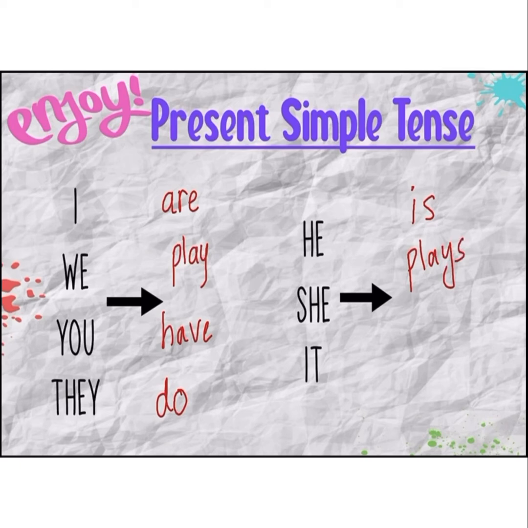For verb to have, it should be has with an s also, and for verb to do, it should be does. As you can see here, with all these verbs we have to add s. Remember this because it will make it easier for you later.